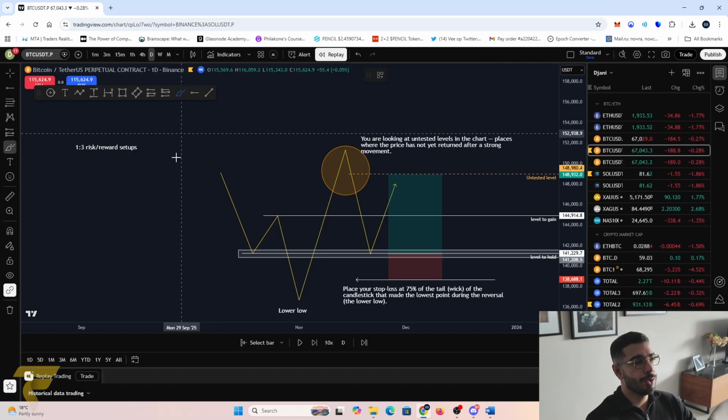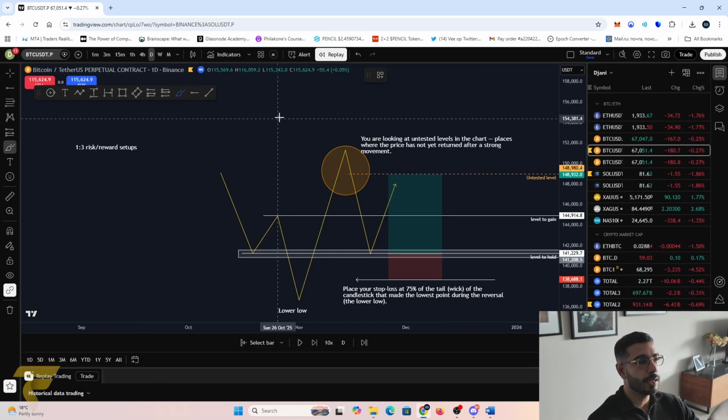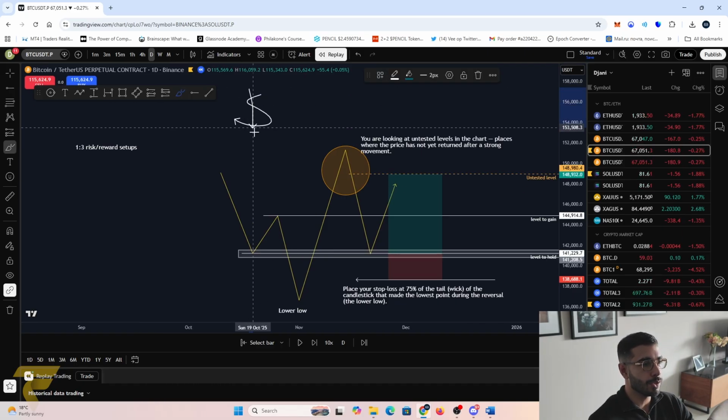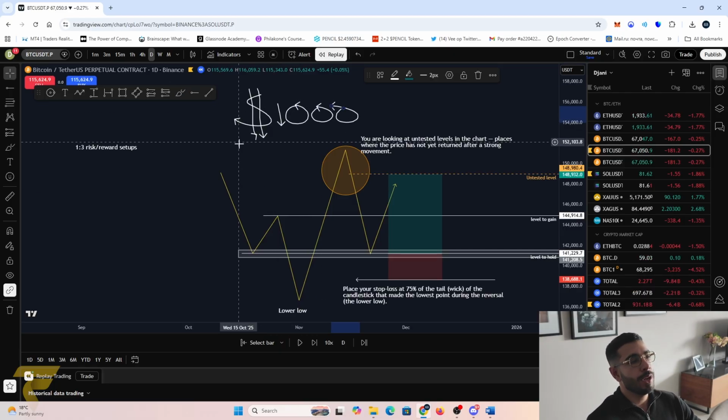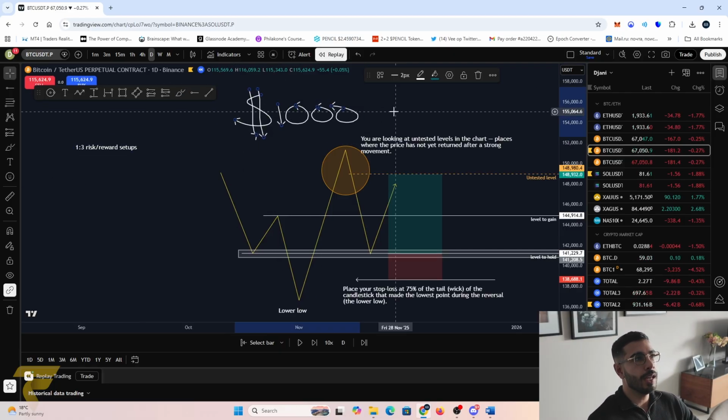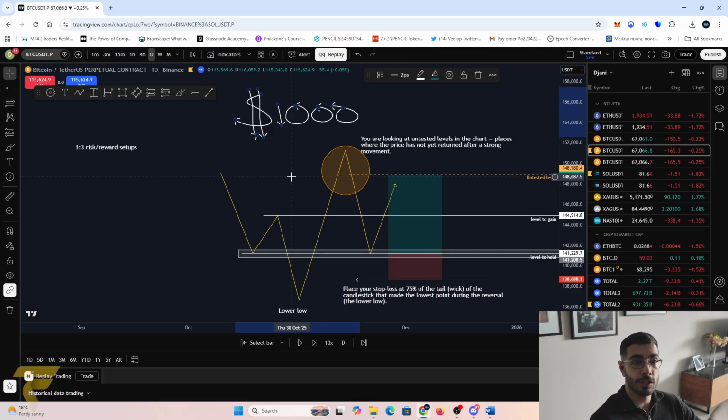Hypothetically speaking, let's say you have a capital of $1,000, okay? It's very cliche to say, but whenever we are taking a trade, we should never aim for risking more than 1%. Everything between 0.2 to 0.5% of your trading balance is good.